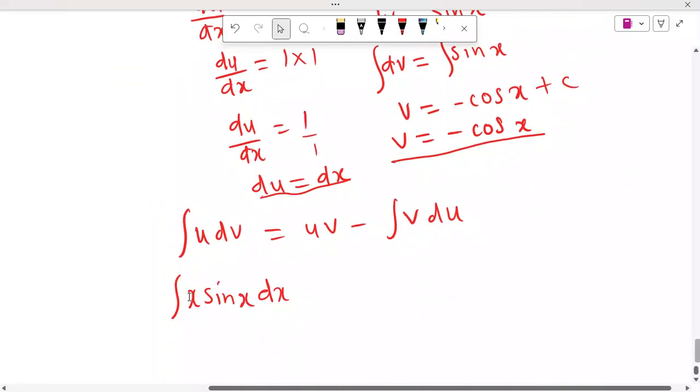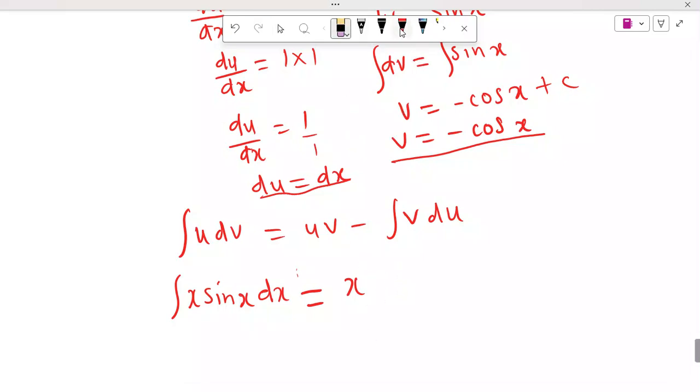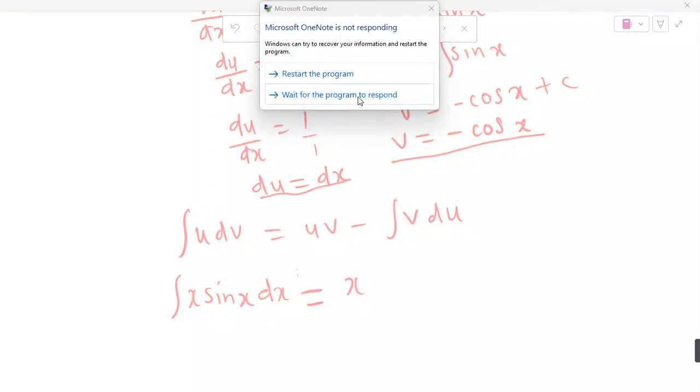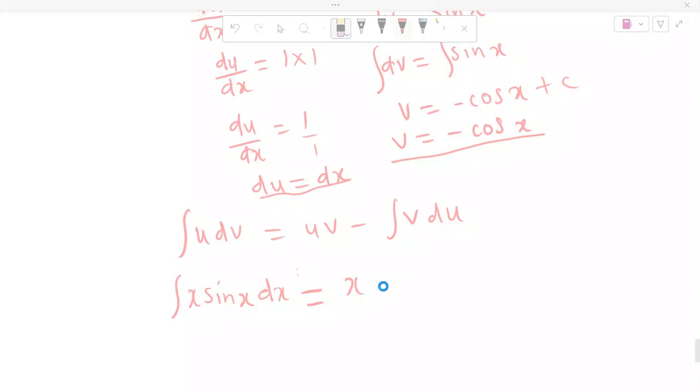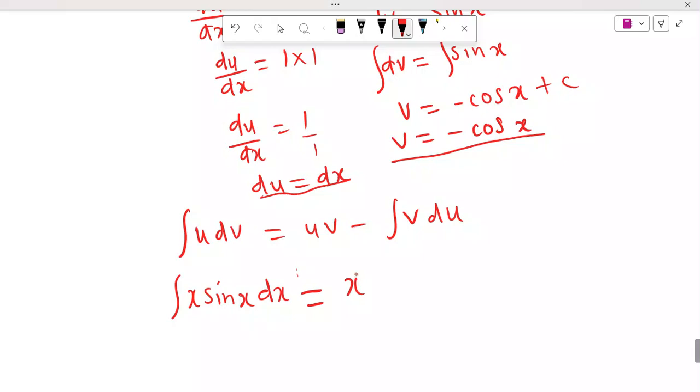So this is the function here, which should be equal to, what is u? We had said u is x. What is v? v is negative cos x.